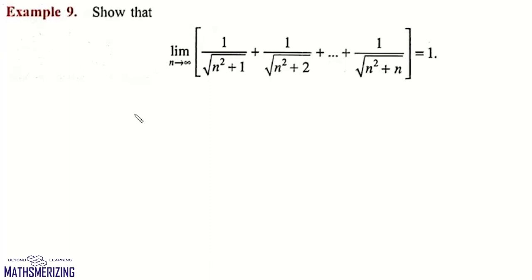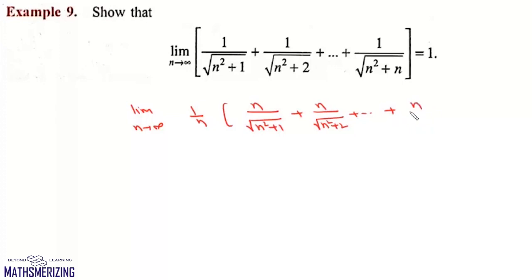So what we'll do is we'll write this as limit n tends to infinity 1 by n, n upon under root of n square plus 1, plus n upon under root of n square plus 2, up to n upon under root of n square plus n.